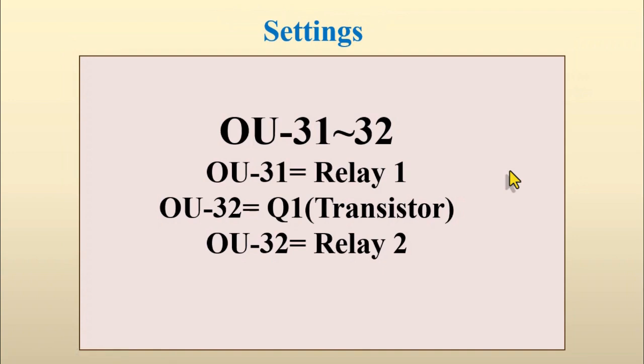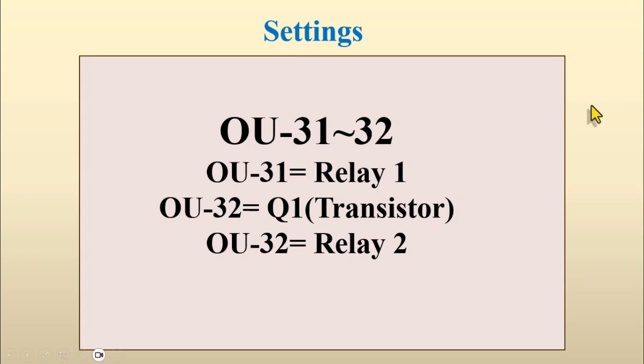If we want to configure the parameters related to the relay and transistor outputs in the M100 inverter, meaning its digital outputs, we need to go into the OU parameter group, or OUT, which is related to the inverter's outputs.